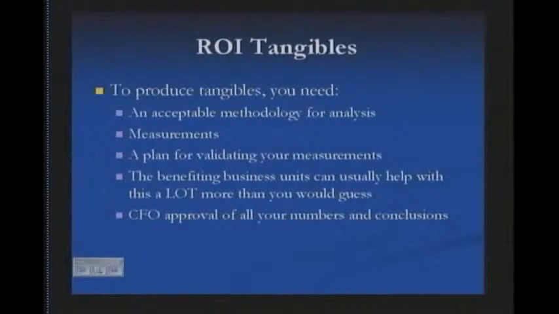Now, when we're talking about tangible benefits, we need an accepted methodology for analysis. We need measurements. We need a plan for validating your measurements. The benefiting business units can usually help with this a great deal. And if you haven't had a lot of experience in involving the business units in this, they can help probably more than you would expect them to be able to help.